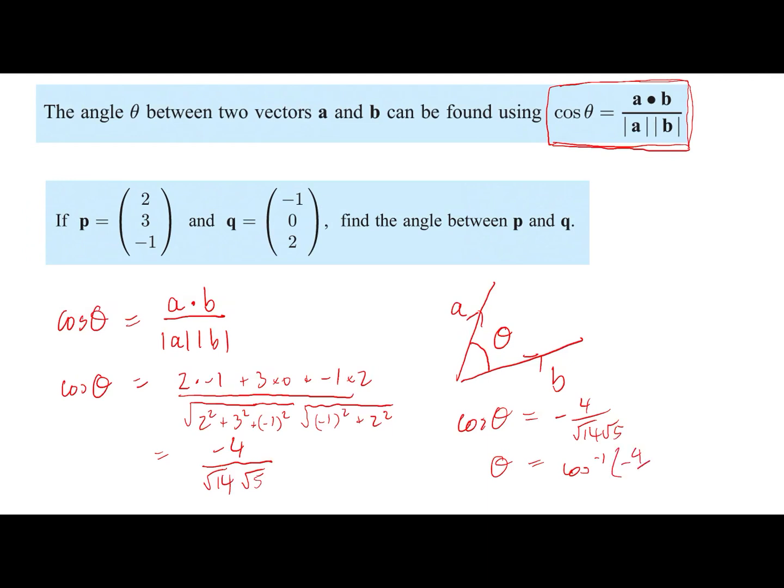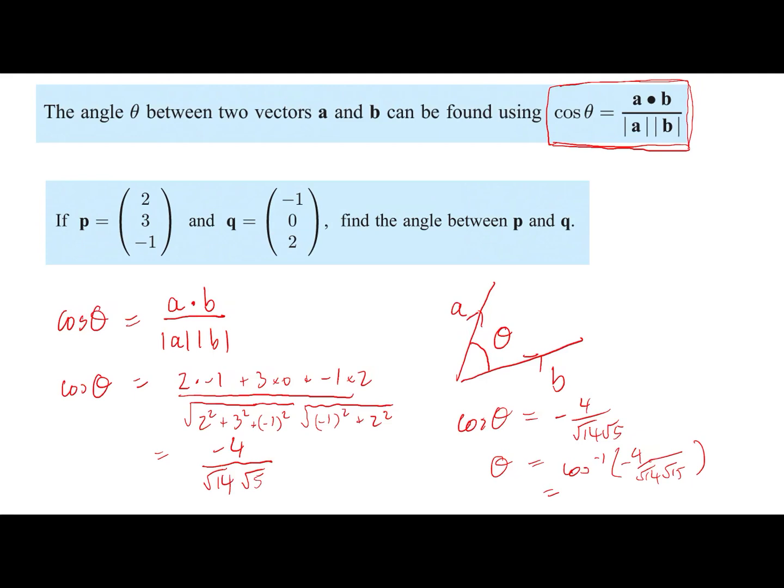So theta is equal to inverse cos of negative 4 over root 14 root 5. So I'm just going to throw that into my calculator. So we're going to do minus 4 divided by, use a bracket, square root of 14 times the square root of 5.